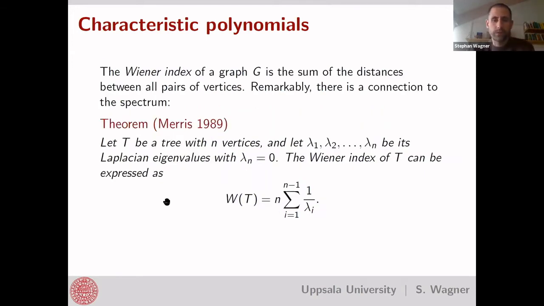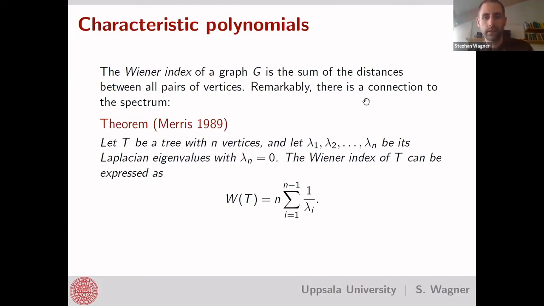One more corollary of this result on the Laplacian characteristic polynomial concerns the Wiener index. So those of you who were here yesterday and who saw Peter Ankelmann's lecture will certainly remember the Wiener index. The Wiener index of a graph is the sum of the distances between all the pairs of vertices. So between any two vertices, you take the distance and you take the sum of all these distances.